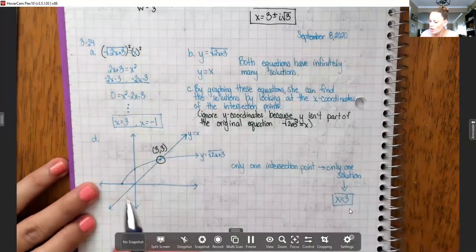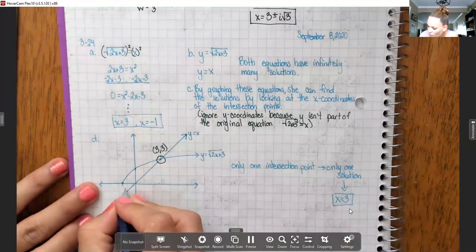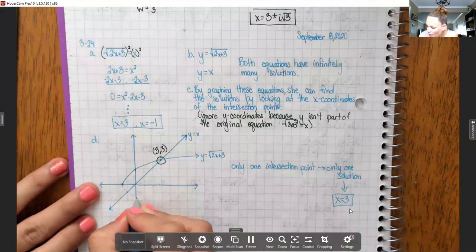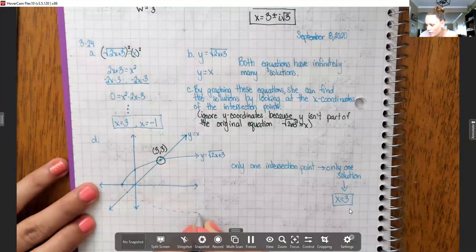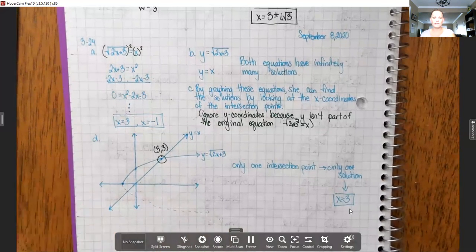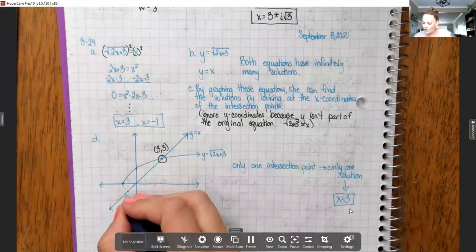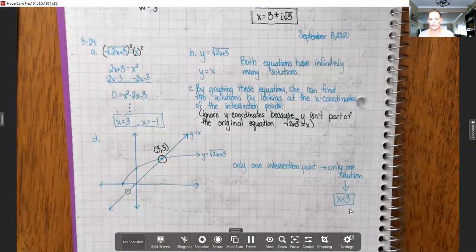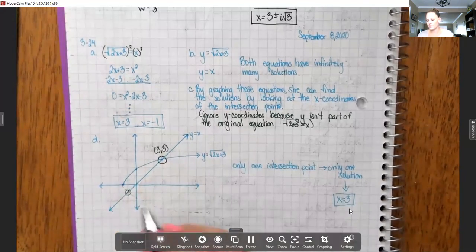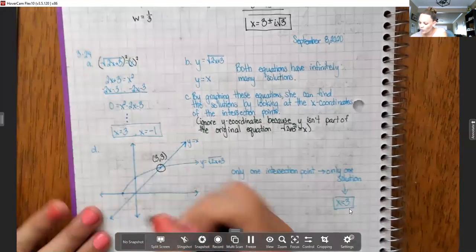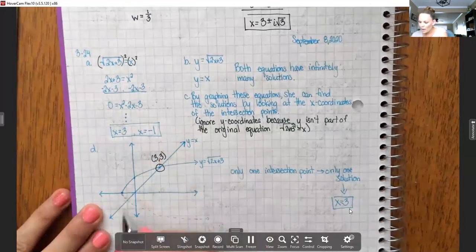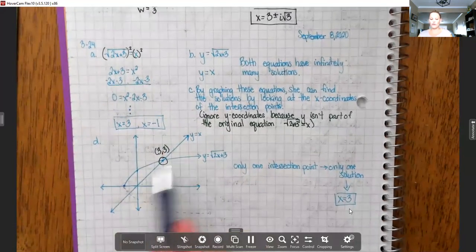We got two because when we squared it, we created the other half of this sleeping parabola, which would have given us that other intersection point there that doesn't really exist. I tried to cross it off after I circled it. Didn't really work. So that point doesn't exist because it's not part of our square root graph.